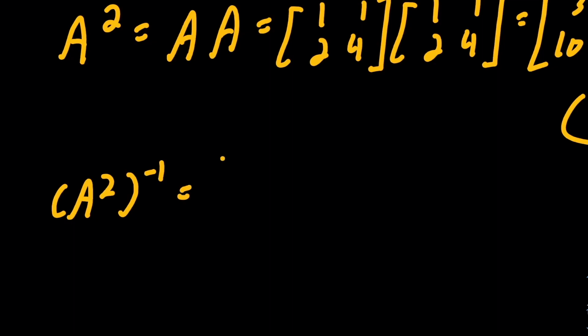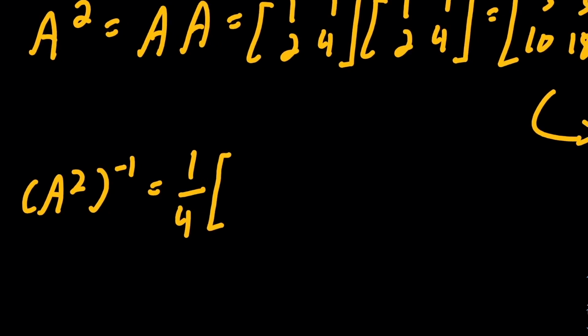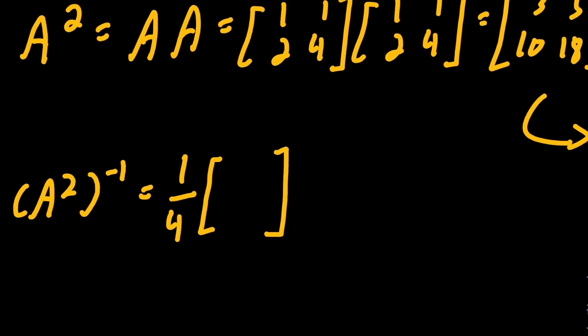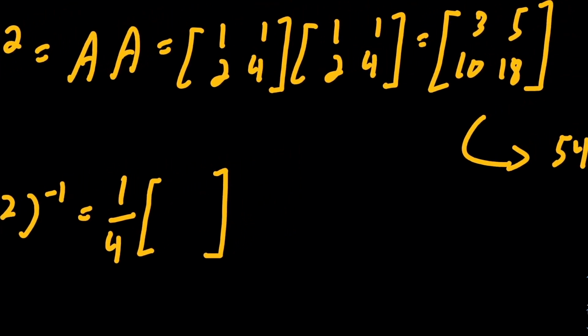And we already have the determinant and the matrix. What happens to the matrix? So if you said 3 and 18 switch places and 5 and negative 10 are both multiplied by negative 1, you are correct. Ding ding ding.